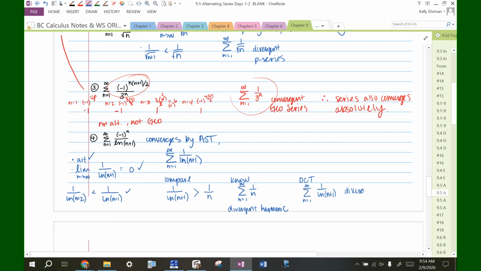You could also do a limit comparison test if you're not sure on this comparison. But I don't think we need to in this case. So direct comparison test. And so if the original converges because it's alternating, but the positive version diverges, this converges conditionally.